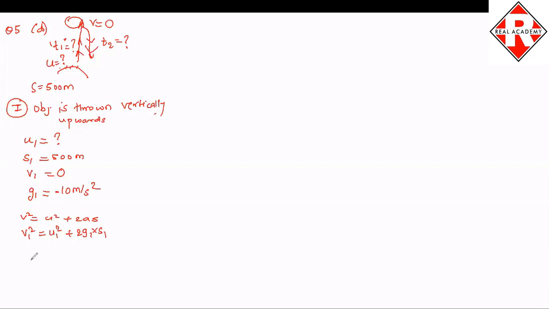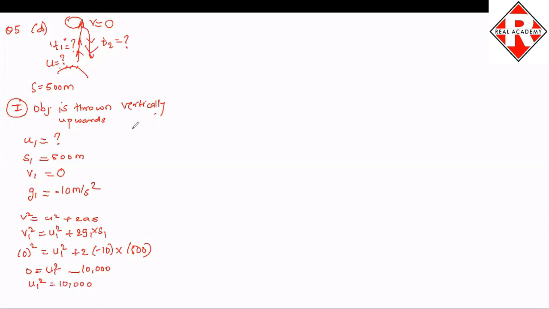Since we are talking about the first case, v1 square will be 0, u1 is to be found, g1 is minus 10 and s is 500. So you will get 0 equals u1 square minus, what will this become? 10 into 2 is 20, 20 into 5 is 1000, 10,000. So u1 square is equal to 10,000.